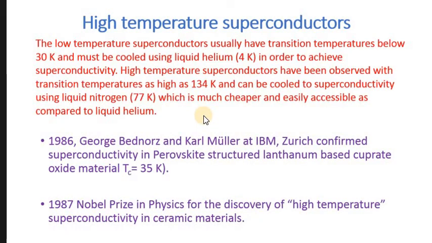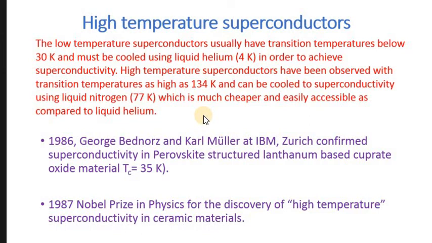The next topic is high temperature superconductors. Low temperature superconductors usually have transition temperatures below 30 Kelvin and must be cooled using liquid helium to achieve superconductivity. Liquid helium's temperature is 4 Kelvin, and this process is very expensive.